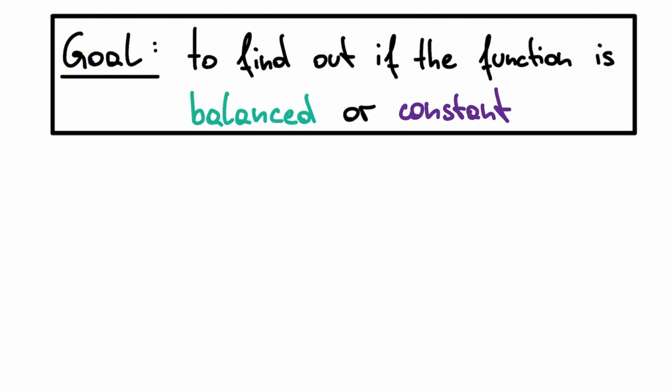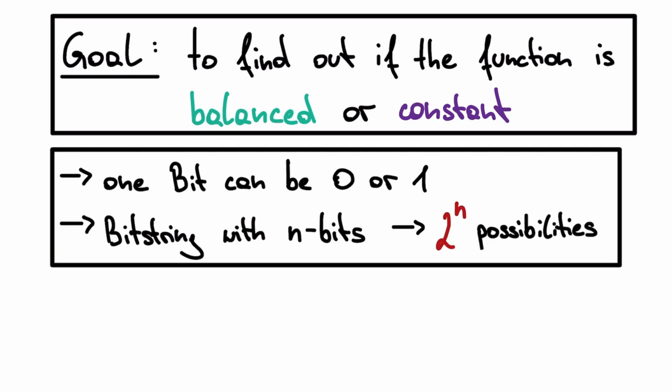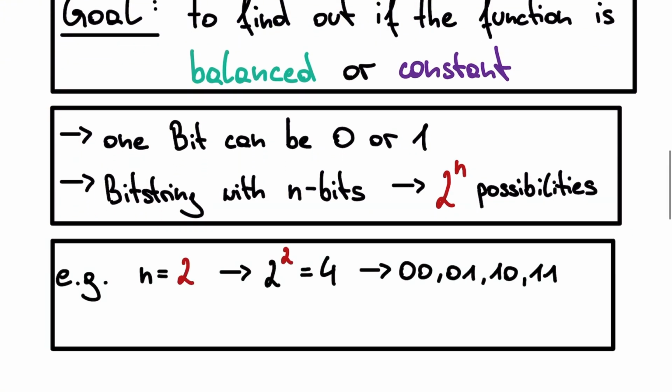So let's go back to the setup we had earlier. We are working with inputs that are bit strings, and each bit can be either 0 or 1. And if we have n bits, then we can build up all possible combinations by using the rule 2 to the power of n. So, for example, if n equals 2, meaning we have 2 bits, then we have 2 to the power of 2 equals 4 possible inputs.